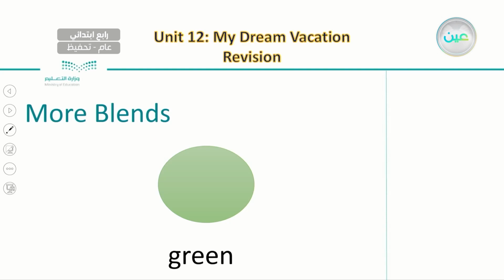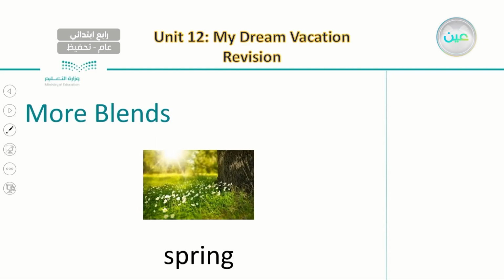And we said that green is a color that we usually use and that also represents our flag. And also the other blend we talked about last time is S and P, and the word is spring, spring, which is the season that we usually have after winter.